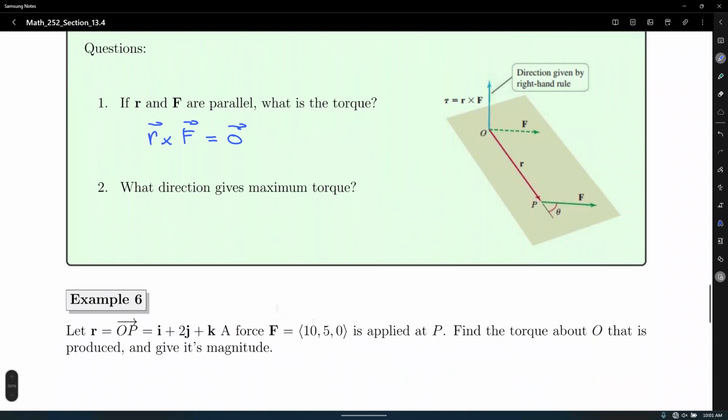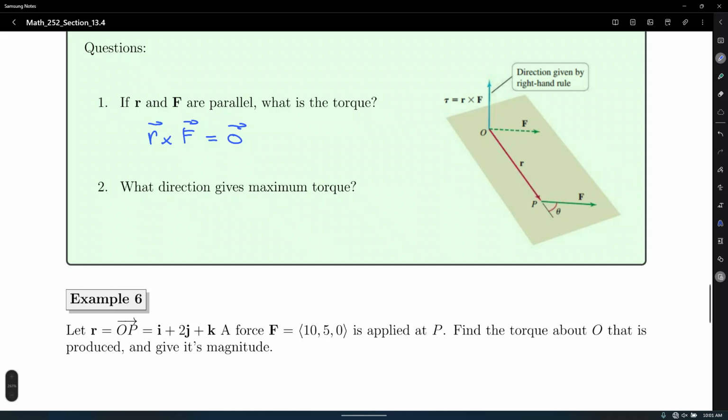The question here is, what direction gives the maximum torque? Using common sense, what angle would give us maximum torque? 90 degrees, all right? Let's use calculus to prove this.